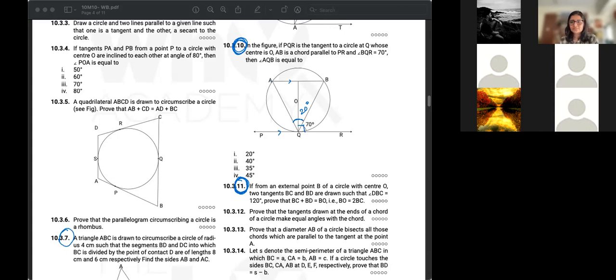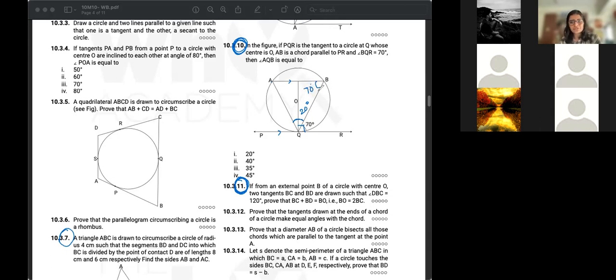Who else has answered it? Neil, how did you do this? Yes, ma'am. First, AB is parallel to PQR. So we can say that angle B is equal to angle PQR, which is 70 degrees, because of alternate interior angles.